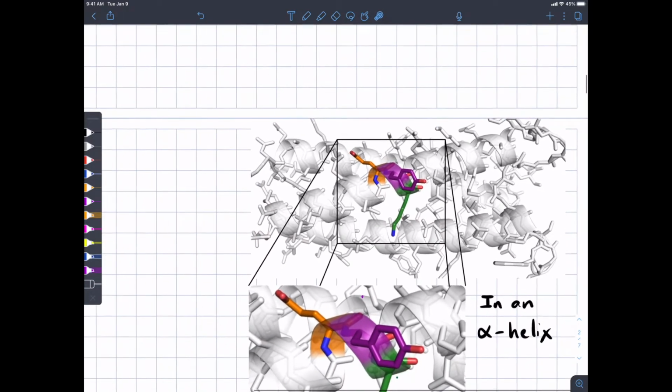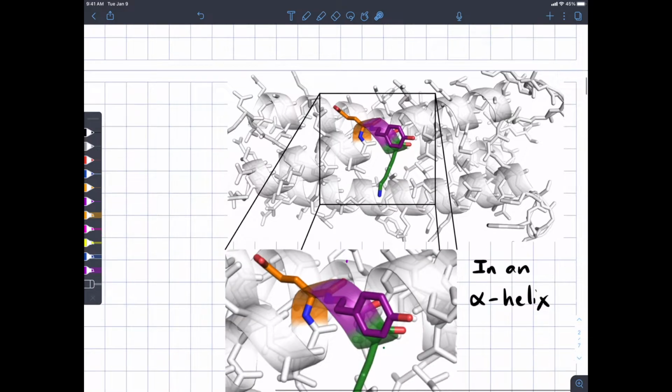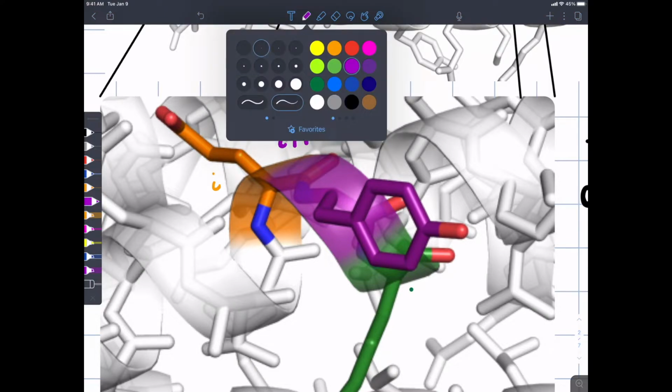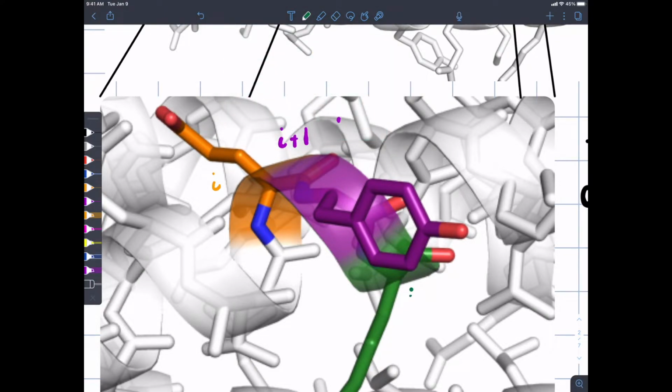So we're going to take this structure and zoom in on these 3 amino acids. We're going to call this one the I position amino acid. This is the I plus 1. And in green will be the I plus 2.